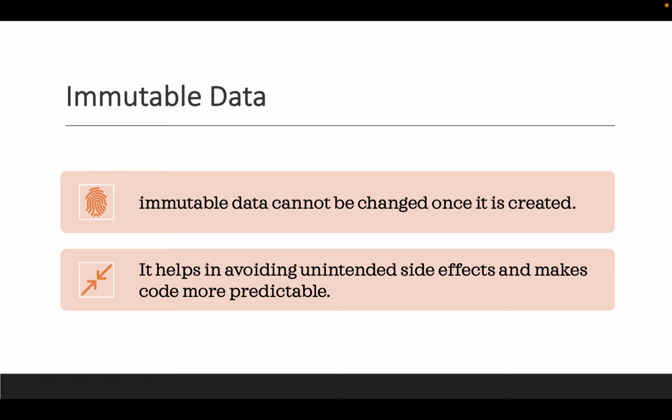So it helps avoid unintended side effects in multi-threaded and asynchronous programming scenarios. And it's much easier to debug such systems when the system grows large and very randomly occurring issues are reported.